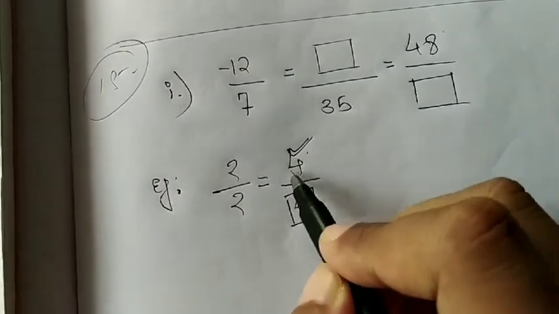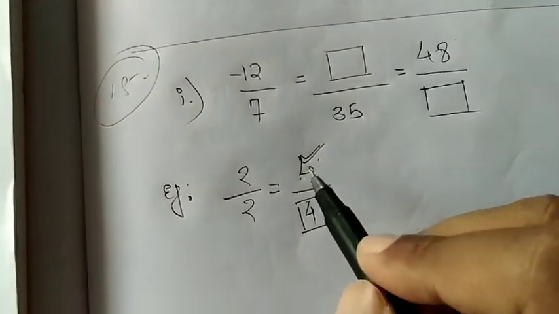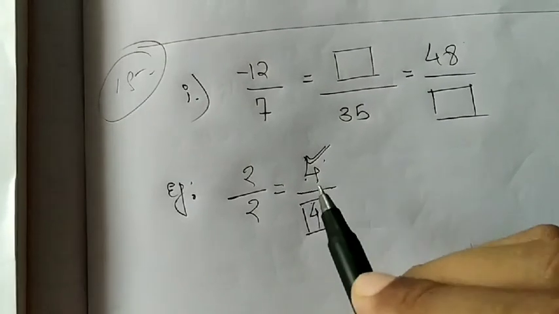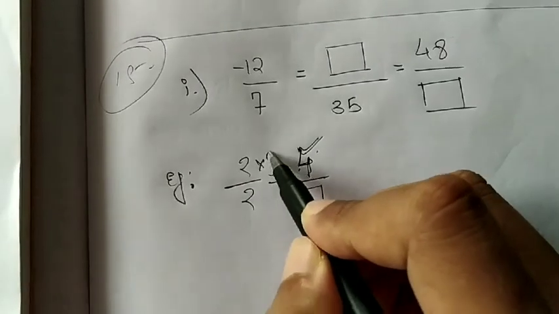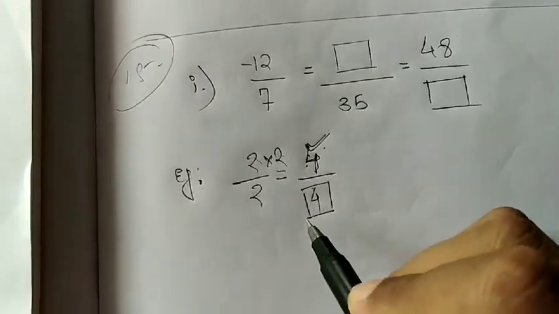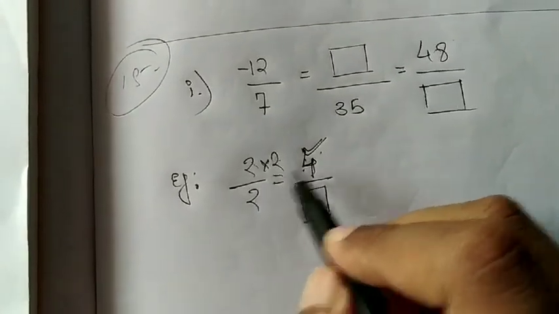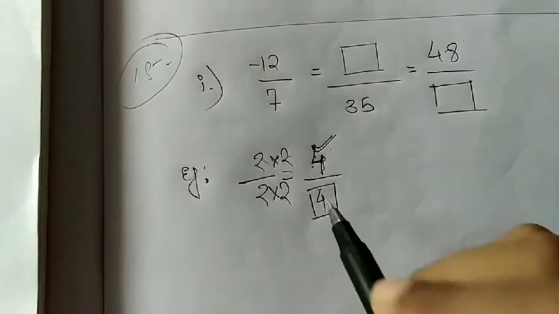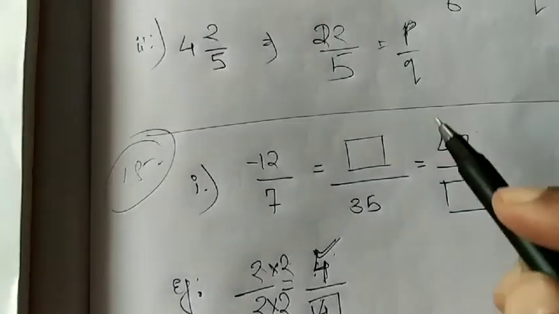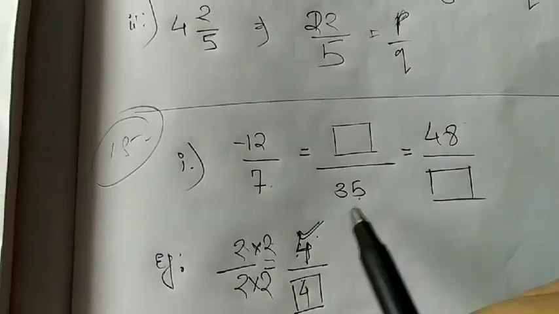The 4 has been given, right? So how possibly could this come here? By multiplying this by 2. 2 2s are 4. So if you multiply the numerator with 4, you got to multiply the denominator with the same thing. 4 by 4.